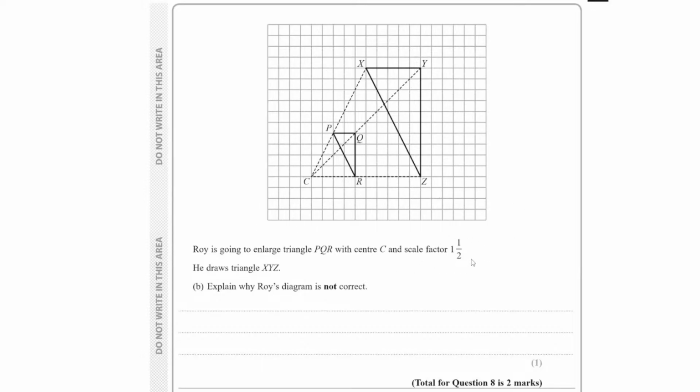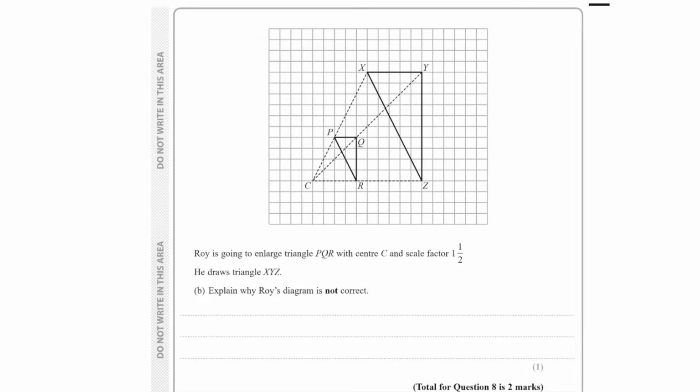So my second thing is to just look at the scale factor and count it. So originally we had, let's say on this side, 2 squares, and then here we have 1, 2, 3, 4, 5. And then originally here we had 4, and here we have 2, 4, 6, 8, 10. So what is the scale factor there? Well, it's not 1.5, is it?